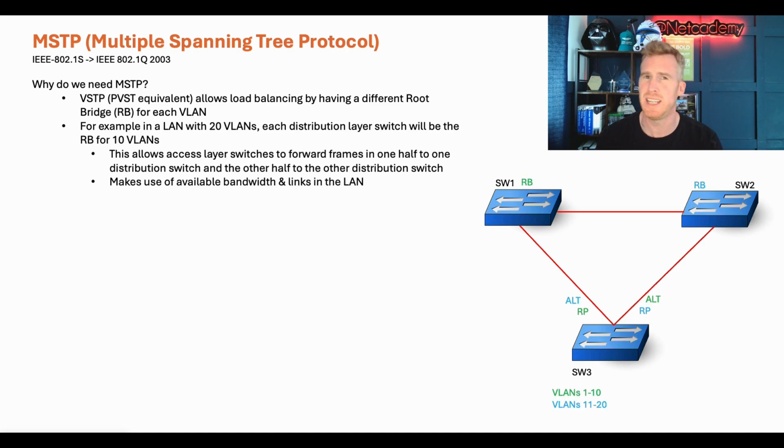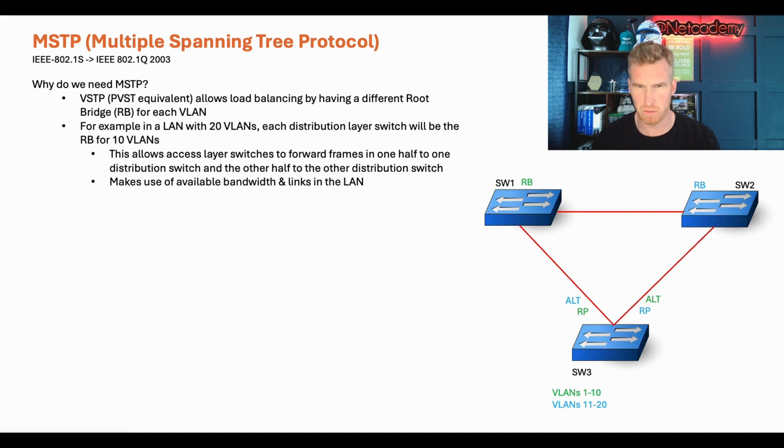And so if we take this as a good example, let's just say you've got 20 VLANs in your enterprise network. And what you want to do is you want to distribute that load balancing between switch 1 and switch 2. So what you could say is, okay, switch 1, you're going to be that root bridge for VLANs 1 to 10. Whereas switch 2, you are going to be that root bridge for those VLANs 11 to 20.